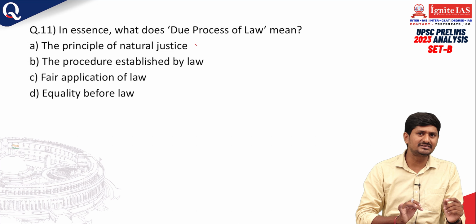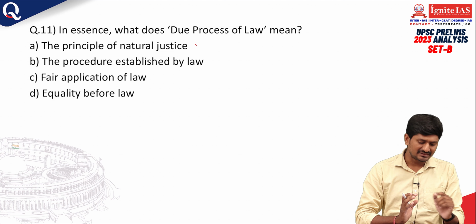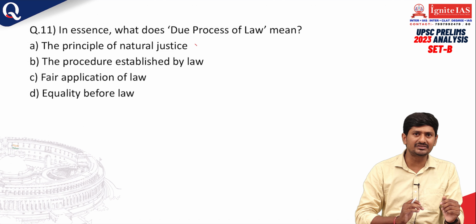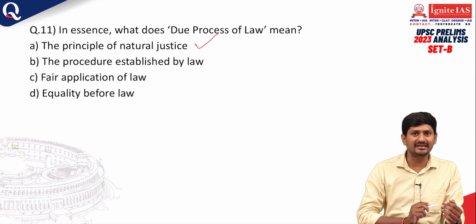In this essence, the judiciary assumed the position of a super legislature by seeking answers from the legislature whether it has followed the principles of natural justice or not, and similarly asking the executive whether it has followed them or not. So here the right and apt answer would be A.